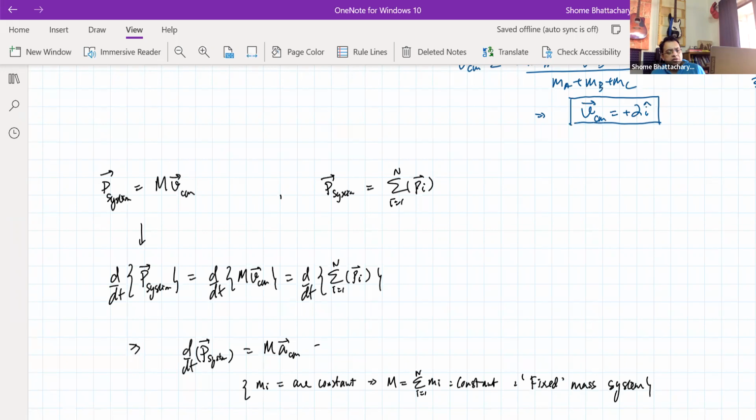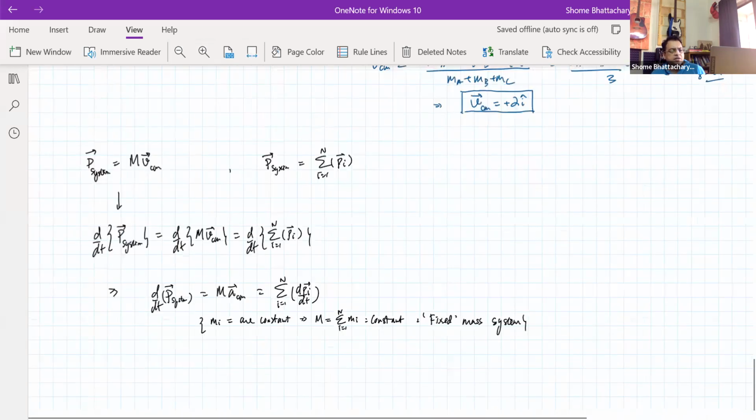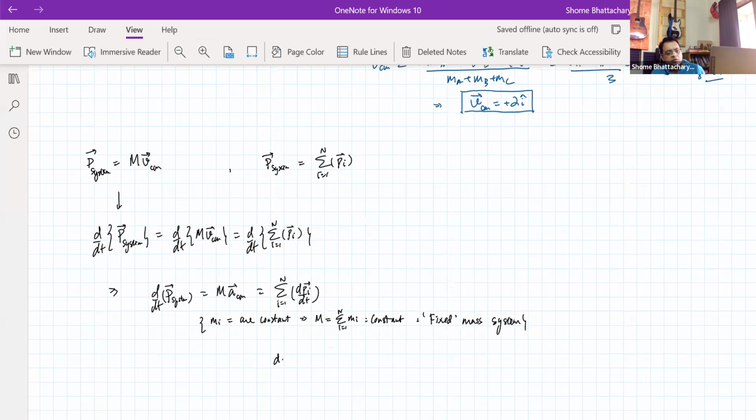So in such a situation, that becomes equal to summation of this. Now next thing we'll see, by Newton's second law, rate of change of momentum for the ith particle is the net force acting on the ith particle.